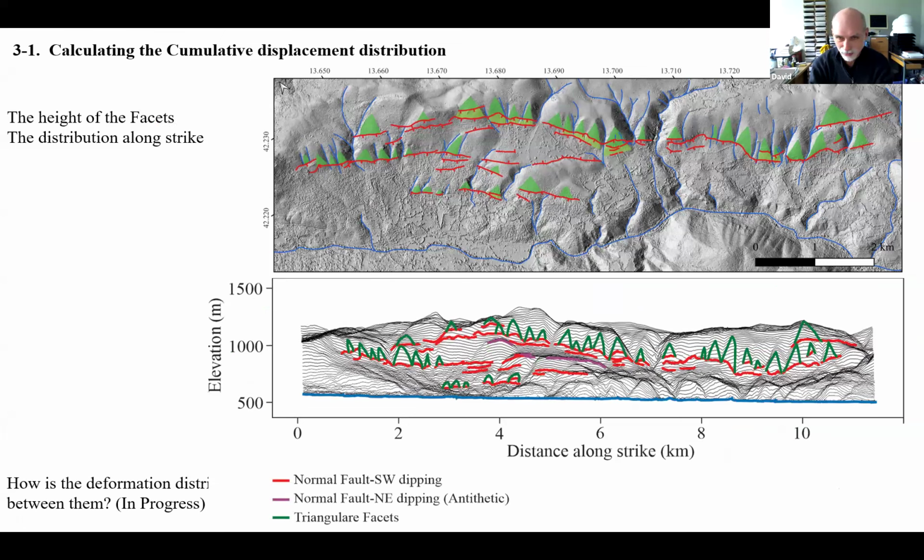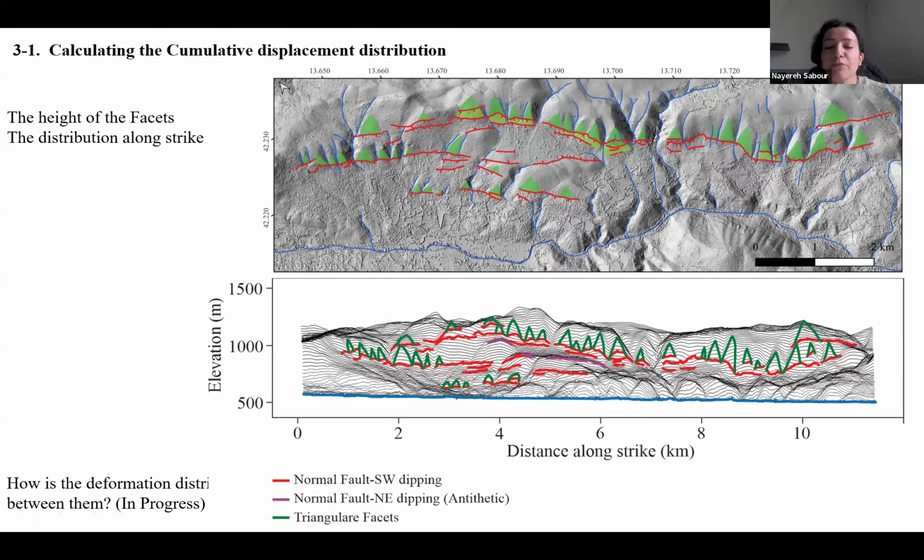It's only that it's distributed. Is that right? Sorry, I mean, if you look at a more complex zone more to the north, the height of the facets seems to be the same when you turn over.